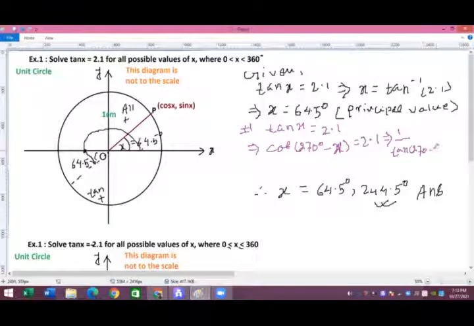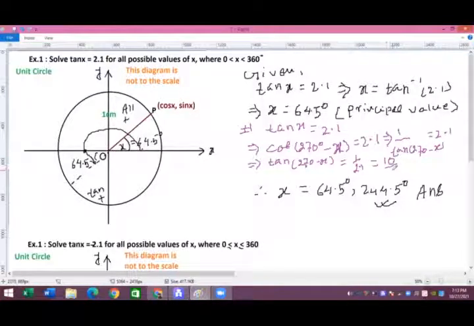So tan of 270 degrees minus x equals 1 by 2.1, and then you go to the calculator, and we can see that 1 divided by 2.1 is 10 by 21.